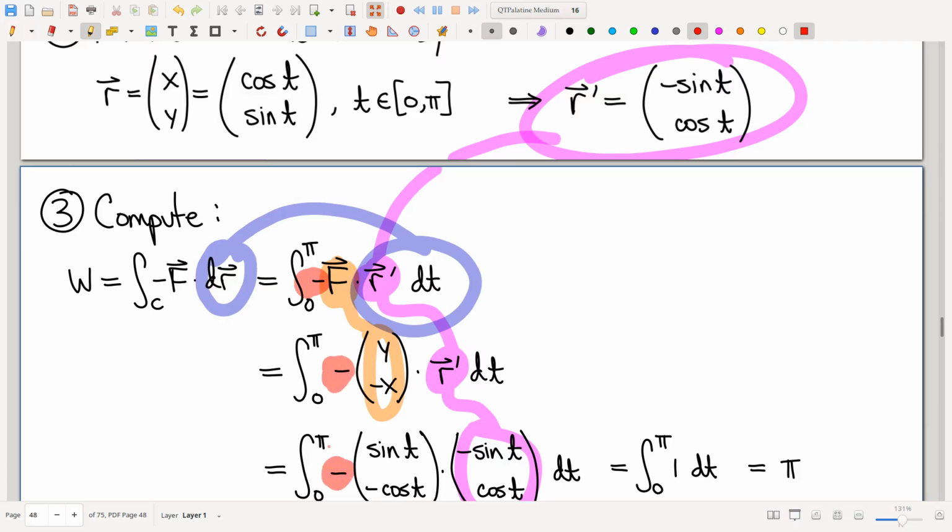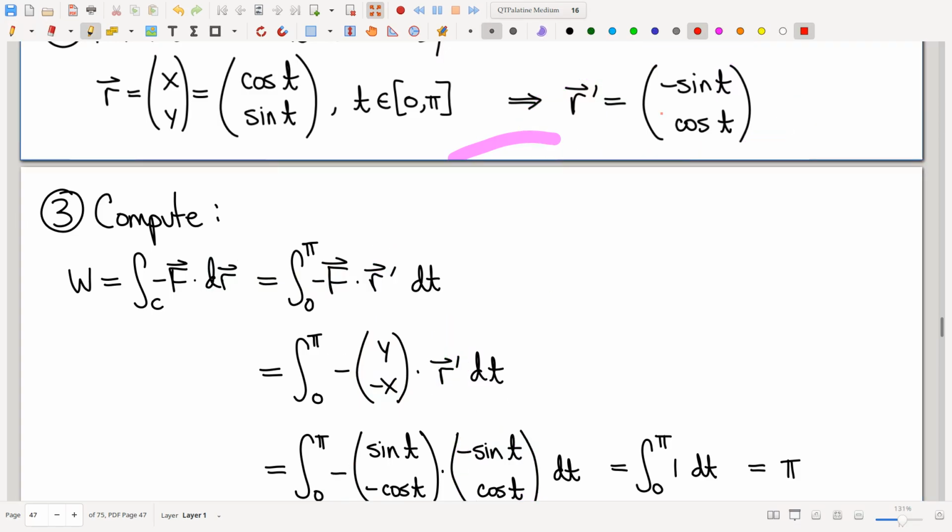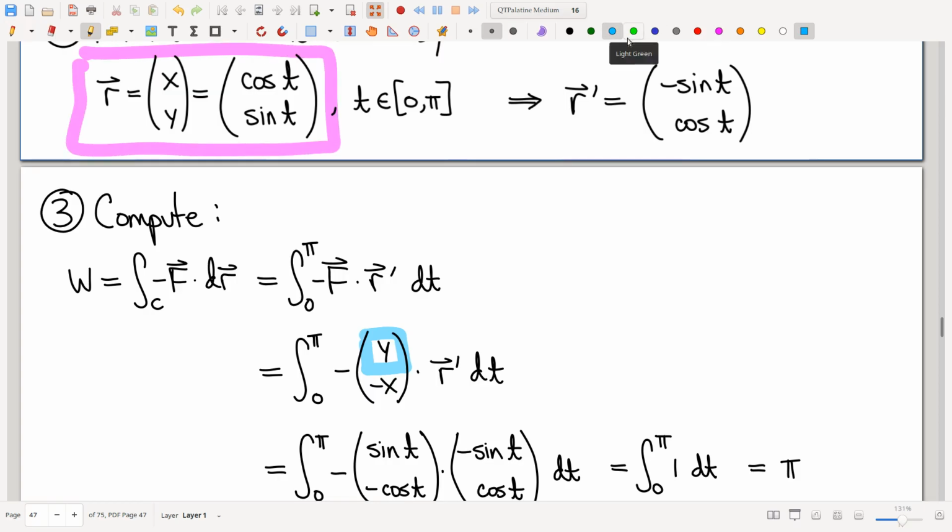The one thing that we need to talk about that remains is what do I do with the x and the y? Just for a change of pace, let's look at this y right here. How do I get rid of that y? Don't forget, when you want to do the plugging in, you always pull back through the parameterization. The parameterization will tell you what y is.